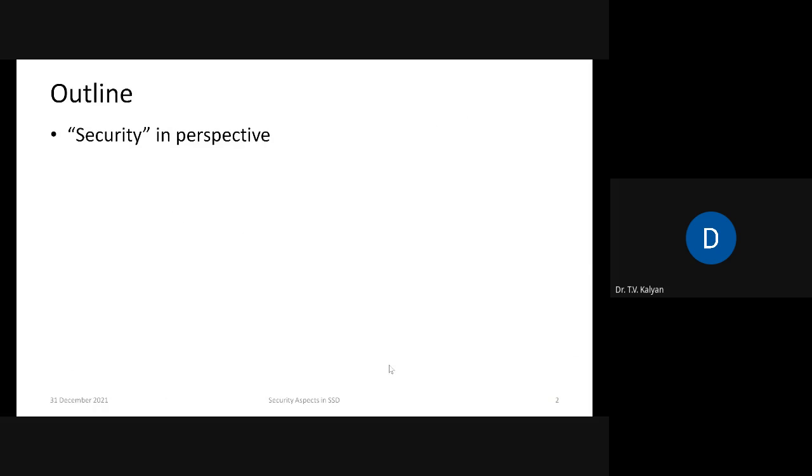This is the quick outline of my session. For the first few minutes, I'm going to put the notion of security in perspective, on what led to such a situation that we have to think about security. Some of this is already touched upon in the previous sessions. Following that, we will have a short session on the SSD storage architecture itself.